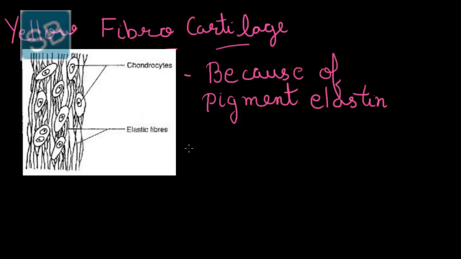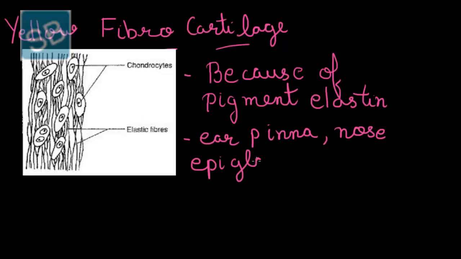This type of cartilage is generally found in the ear pinna, nose, epiglottis, and certain other regions like them.